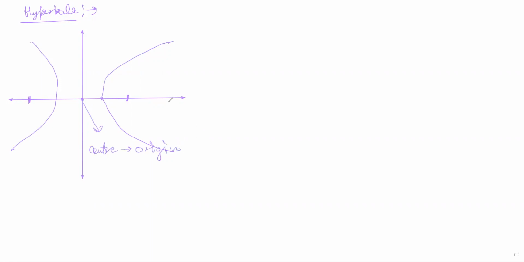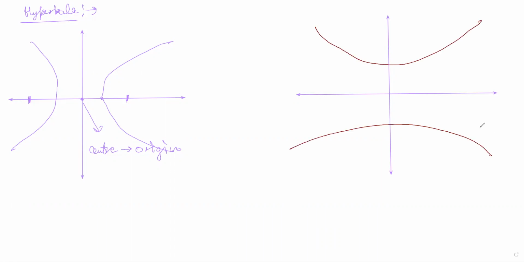There are two types of hyperbola. One is this, and second is this kind of hyperbola. These are your foci. This is F1. This is F2. They are vertices.